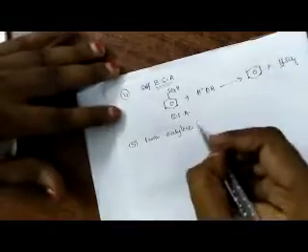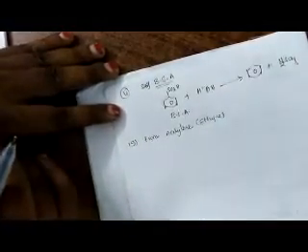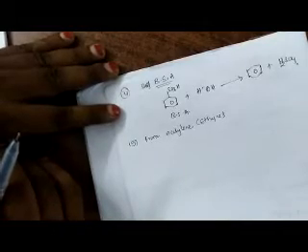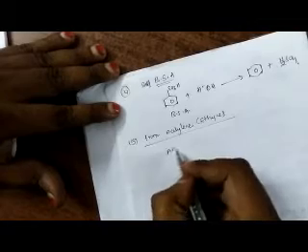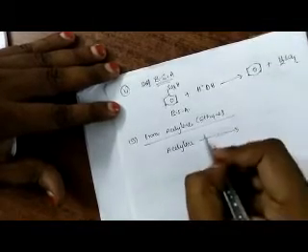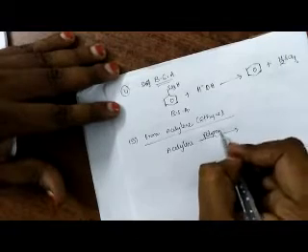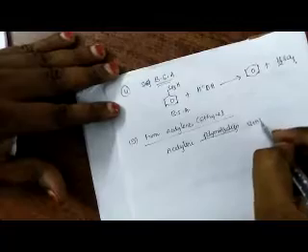Acetylene is nothing but ethyne. On polymerization of acetylene we will get benzene.